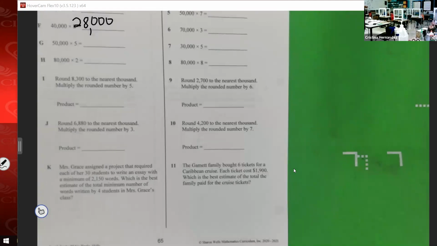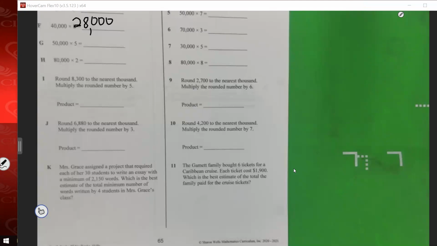The Gamut family bought 6 tickets for a Caribbean cruise. Each ticket cost $1,900. Which is the best estimate of the total the family paid for the cruise? We're going to be rounding what number? 1,900, Chloe said. Do y'all agree?